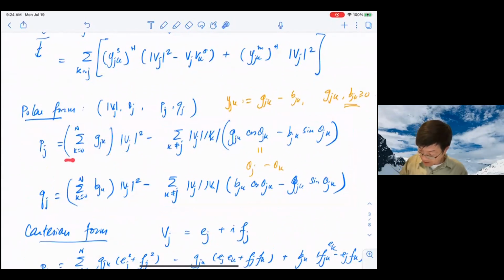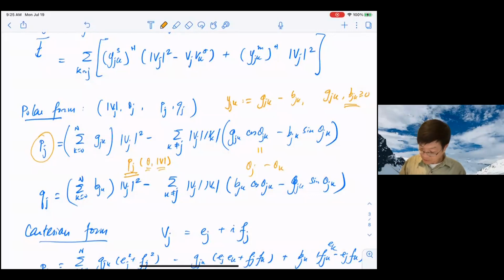Now the right-hand side here, we can write as some nonlinear function, which we're going to call Pj as a function of theta and v. I'm abusing notation to use Pj to denote both the real power injection at node j, and also the function of the vector of phase angles theta and the vector of voltage magnitudes v.